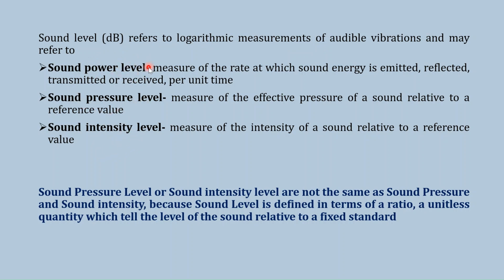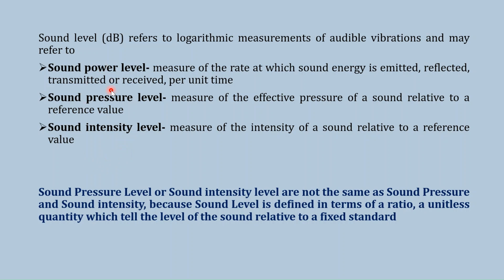Sound power level is the measure of the rate at which sound energy is emitted, reflected, transmitted or received per unit time. Sound pressure level is the measure of the effective pressure of a sound relative to a reference value. And sound intensity level is the measure of the intensity of sound relative to a reference value.